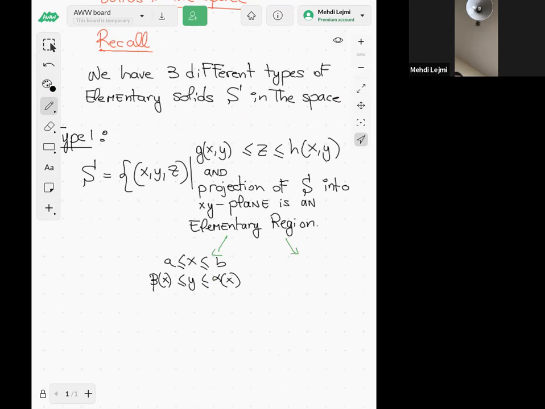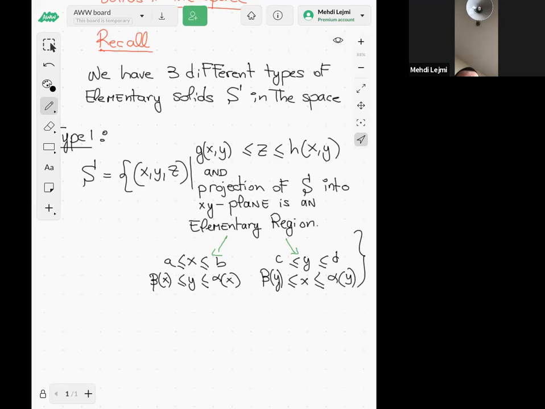The other case is when y is between two constants, let's say c and d, and then x is between two continuous functions on the interval [c, d], two functions of y, beta(y) and alpha(y).